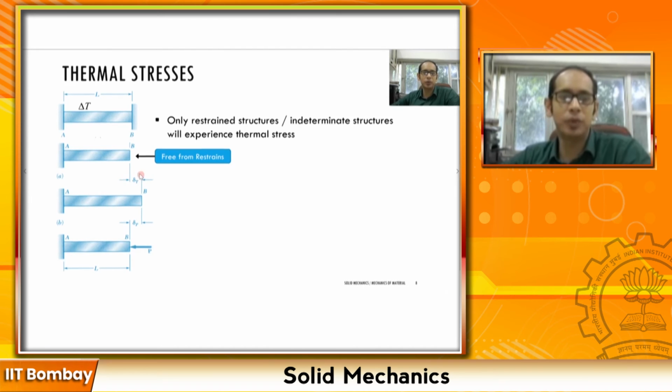which is delta T. Now, can you guess? You have studied in your heat transfer or thermodynamics in your +2 what the value of this delta T is going to be.